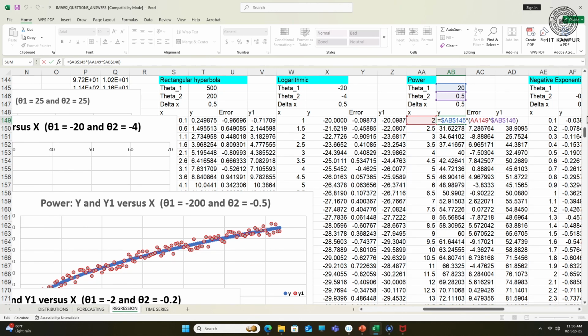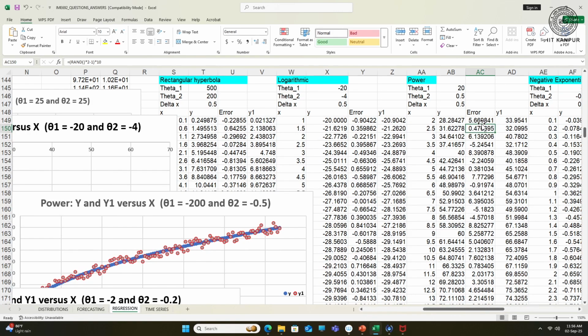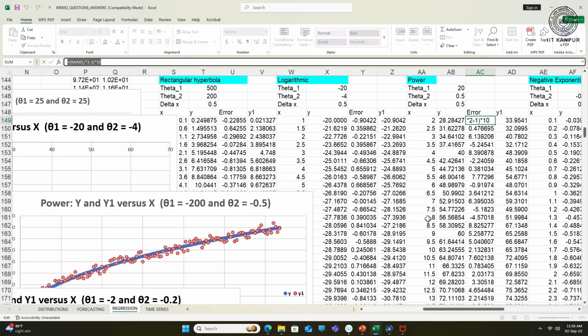This is basically theta 1 into x to the power theta 2, where theta 1 is 20, theta 2 is 0.5, and based on the errors which have been randomly generated. If you check this one, it gives you a random number generated between 0 and 1, into 2, that means it will be generated between 0 to 2, minus 1.